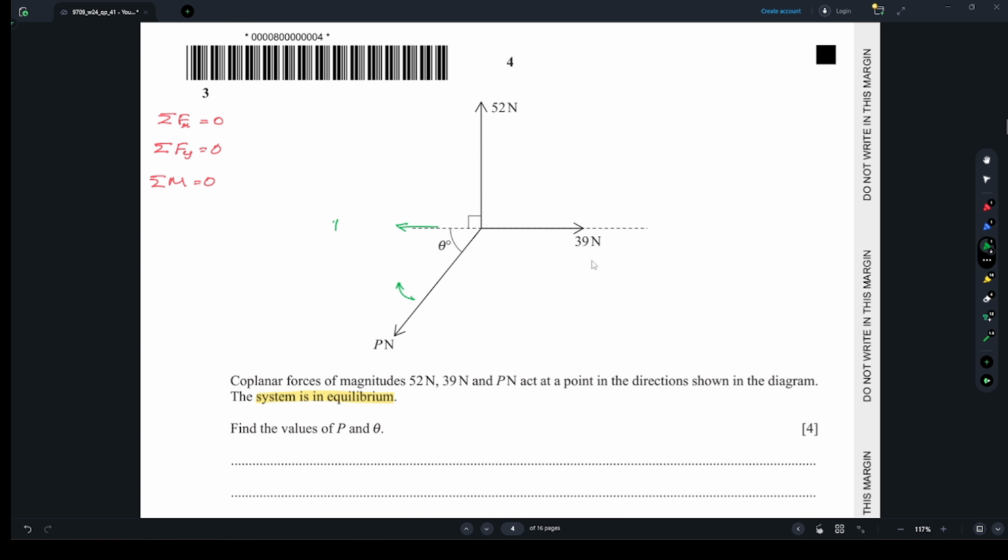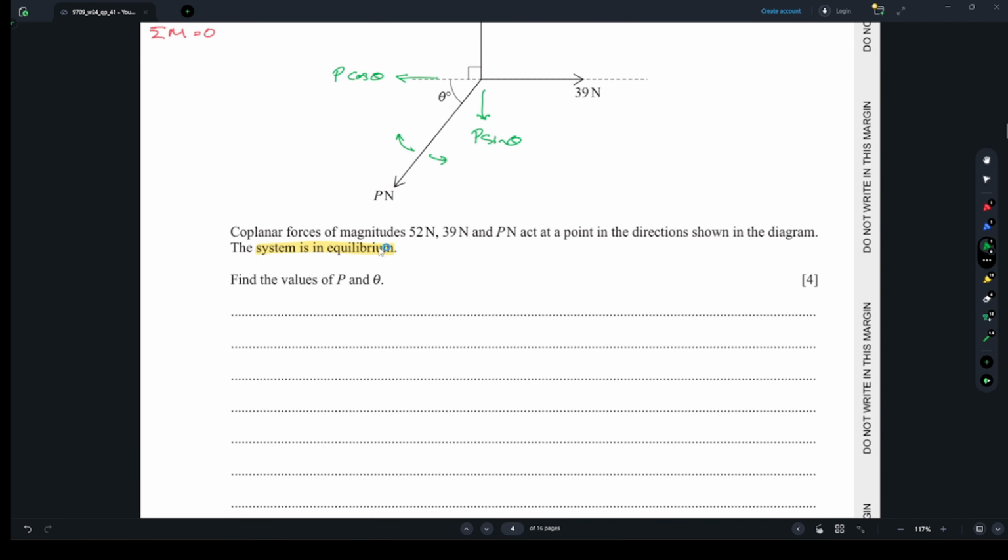So an easy way to remember is P cos theta: if you have the angle, then take it as cos theta. And then the other one, the vertical one, you can rotate the force vertically, and then you have downward P sine theta. So now instead of this force P, we can use its components.